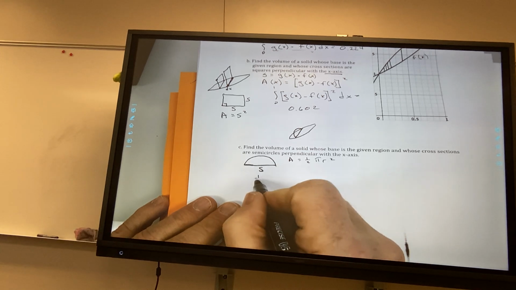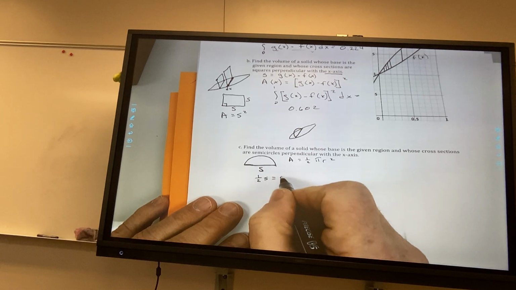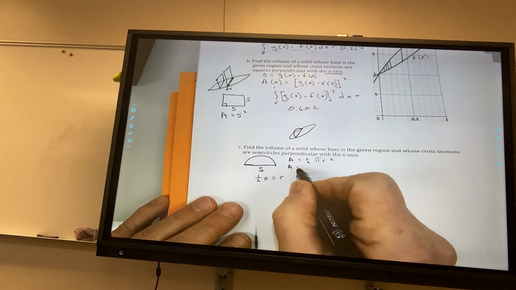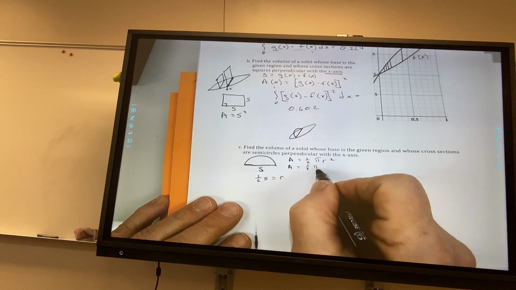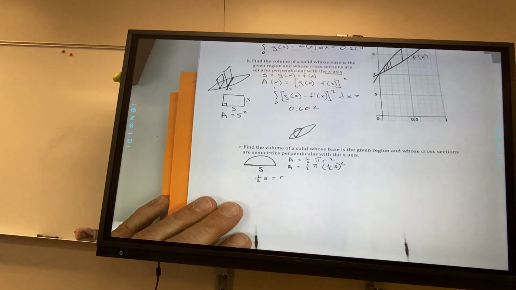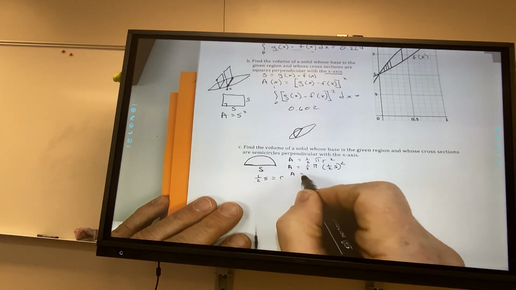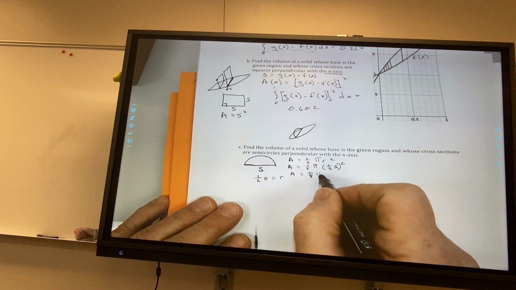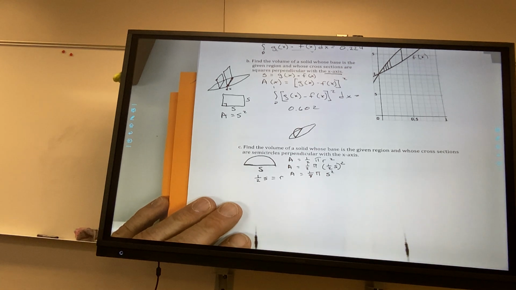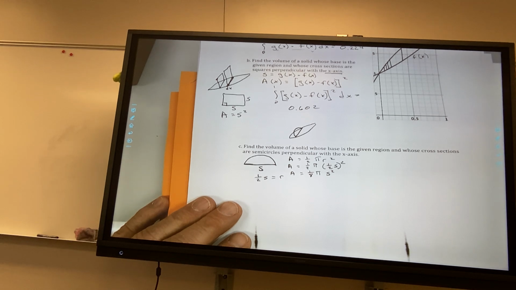So 1/2 S is equal to R. So my area is going to become 1/2 pi times 1/2 S squared, and that's gonna give me 1/8 pi s squared.